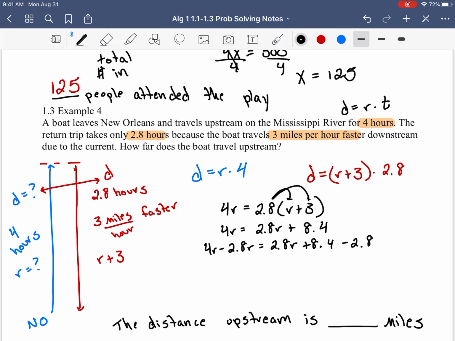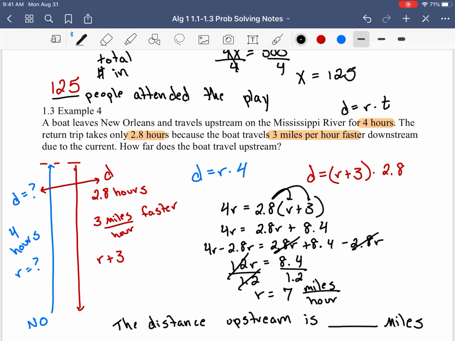Minus 2.5R. Those cancel out. 4 minus 2.5 is 1.5. 1.5R equals 7.5. Divide both sides by 1.5. R equals 5. That's our R, so that is our miles per hour.